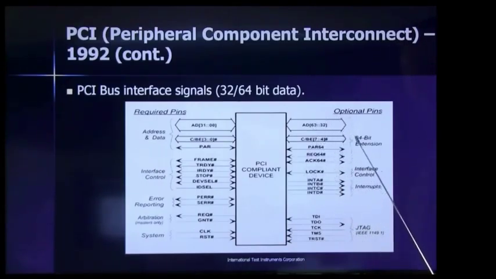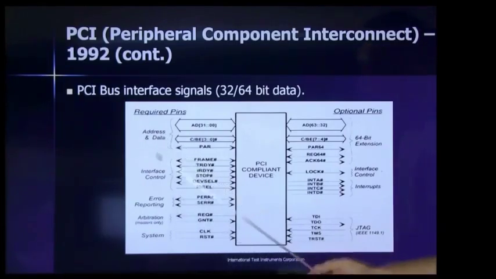What is optional is to implement the 64-bit parts of the signal, so that if your device is a 32-bit device, only lives in the lower 32 bits of the address space, for instance, then it does not need to implement these signals. Also, you don't need to have interrupt support if your device is, for example, a polling device that does not interrupt. You don't need those. And also, you don't need the JTAG signals.